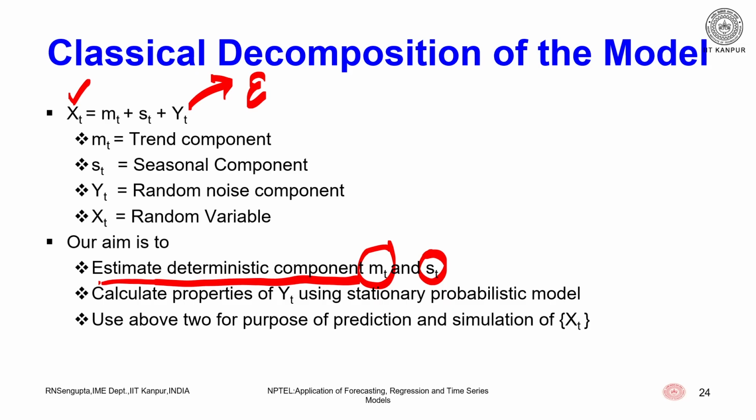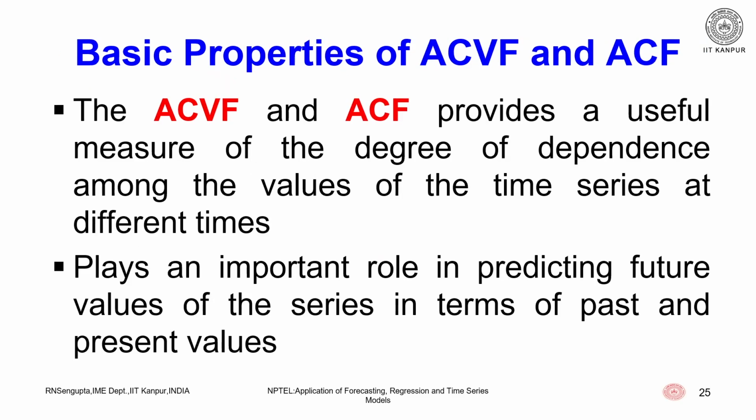So, calculate the properties of the error and use the above two for the purposes of prediction and simulation of x_t, which is the value of y, the random variable which is of interest to us. Now, in doing so, we actually need the autocovariance function and the autocorrelation function.